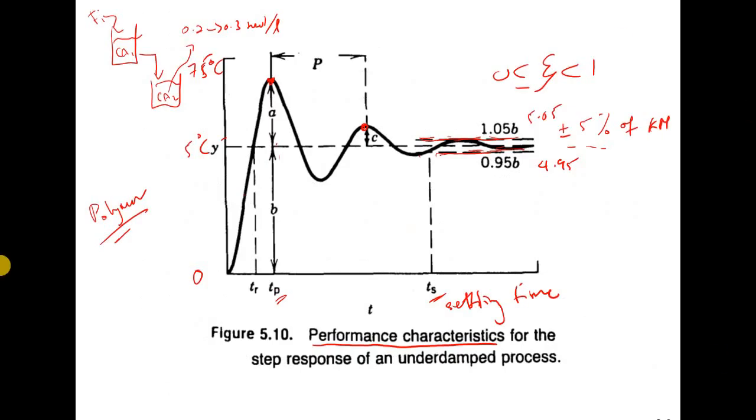Sorry for that. And talking about settling, where it settles within those two regions and never goes up again, let's remove this red line here and see how it settles. So it goes up, down, up.